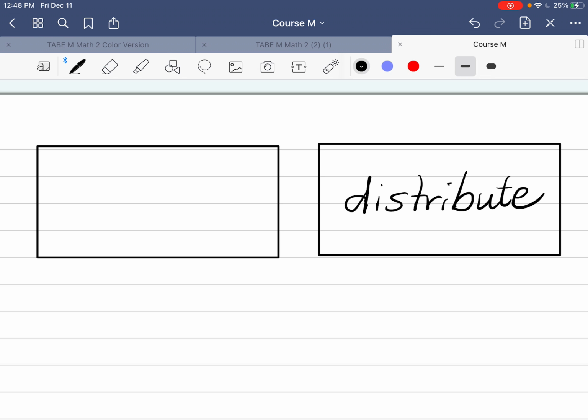So the inverse operation definition is the opposite of a mathematical process. The opposite is the inverse.